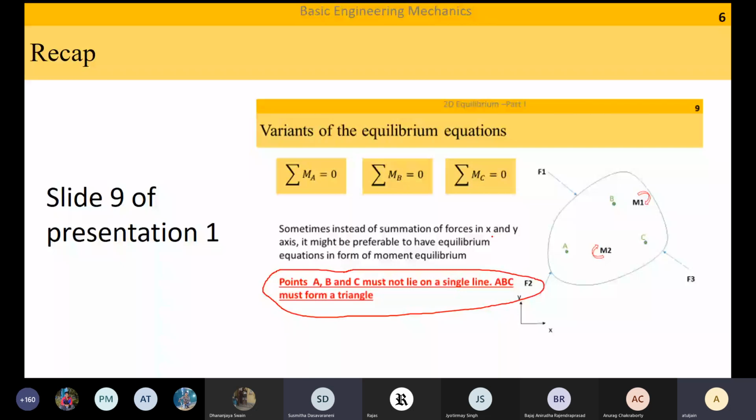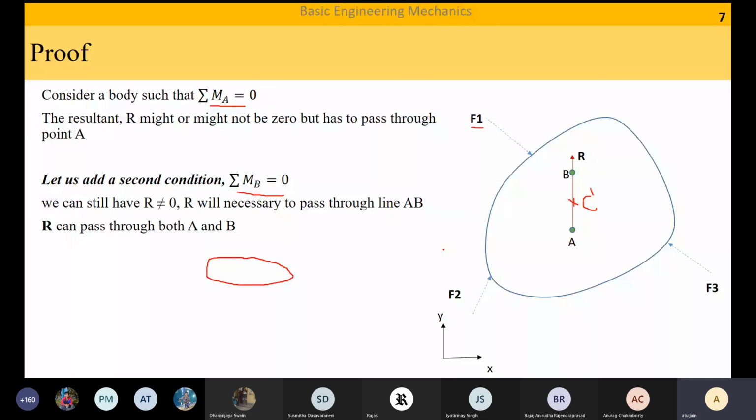Okay, so let us consider a body which is subjected to a general loading. There is F1, F2, dot, dot, dot, Fn. There are moments. Now, let us imagine that summation of moment about point B is 0, summation of moment about point A is 0.